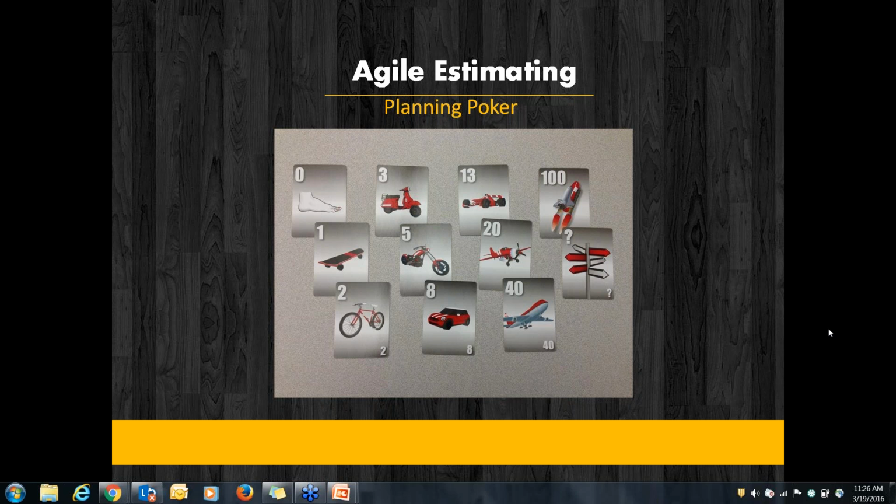The other card means you need some more clarification on the requirement yet. And likewise, the other numbers depend on how you estimate the effort required to complete that requirement. For example, if you pick up 5, then you think it is a medium range requirement which might require some effort, whereas 1 might require very little effort to complete.